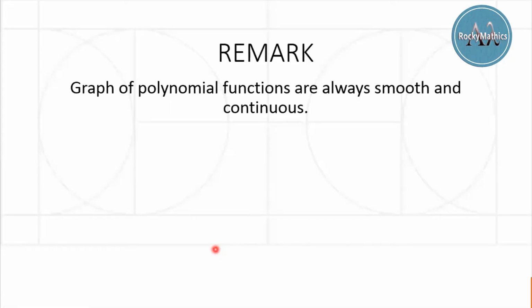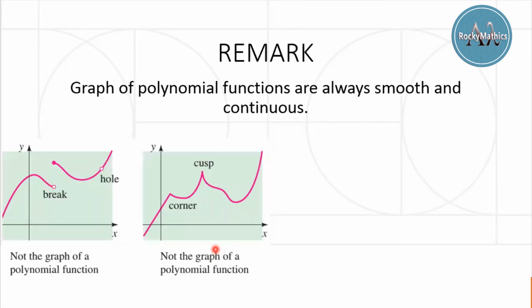Okay, so we have here important remarks on the graph of polynomial functions. Now, we have to take note that the graphs of polynomial functions are always smooth and continuous. Okay, look at these illustrations. This is not the graph of a polynomial function because it has a break, it has a hole.